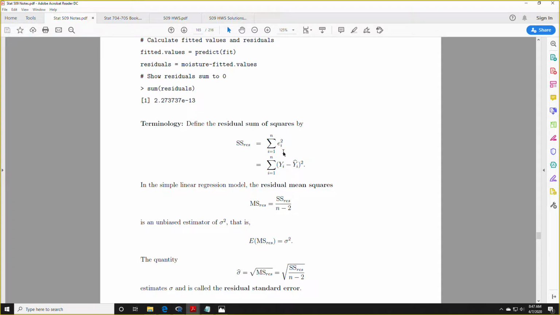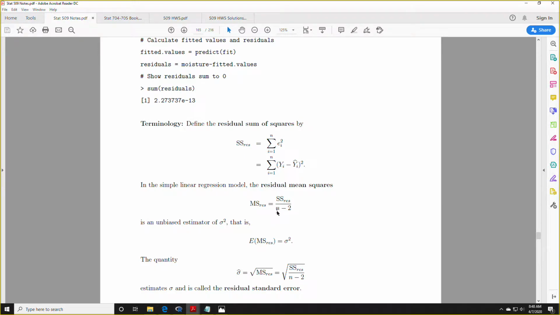It's just the sum of the squared residuals. The residual is y minus y hat, and specifically in that order, you don't want to flip-flop that order. Take the residual, square it, and do that for each observation. Sum them all up, and that's called the residual or error sum of squares.